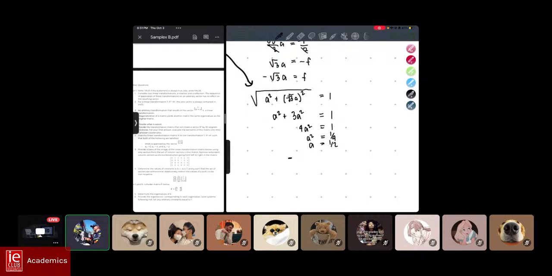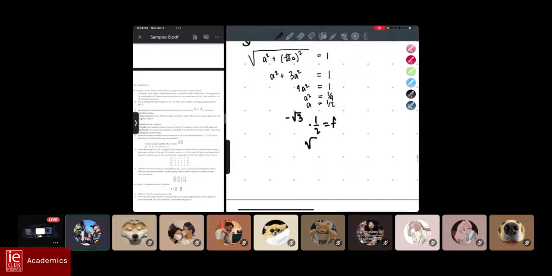So, negative square root of 3 times 1/2 is equal to f. Therefore, yan, that's f.